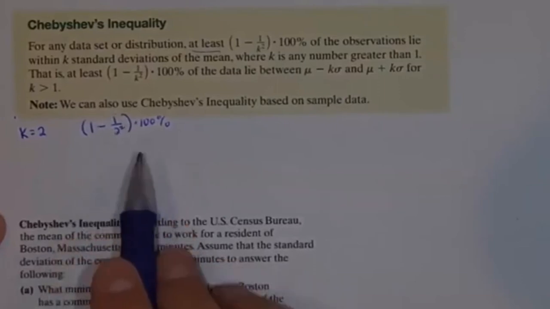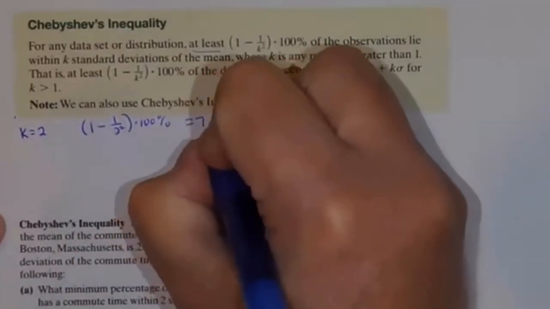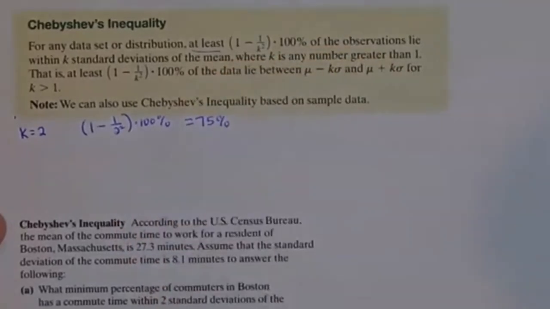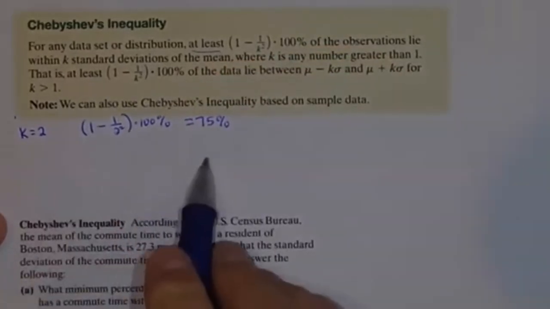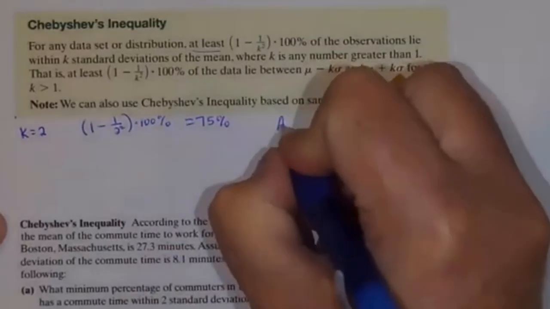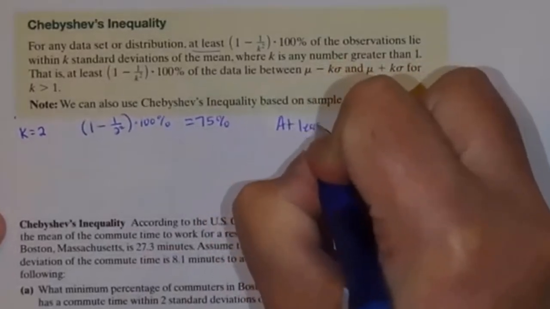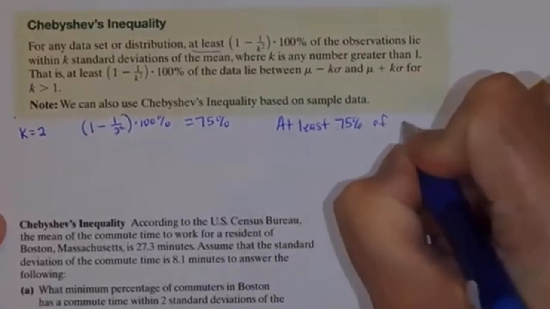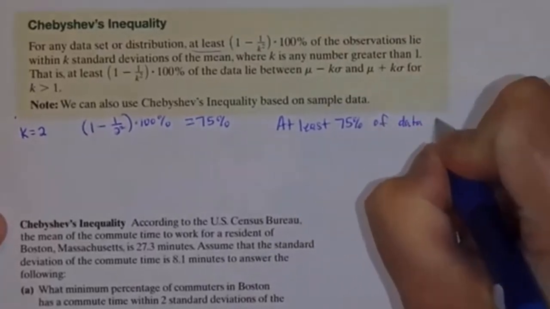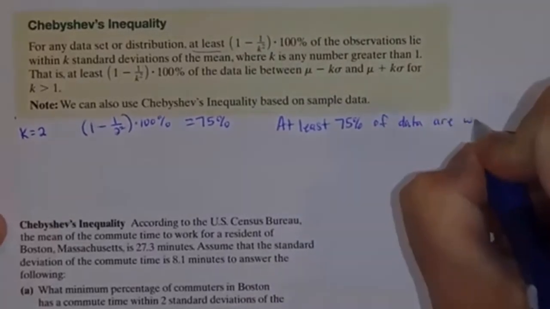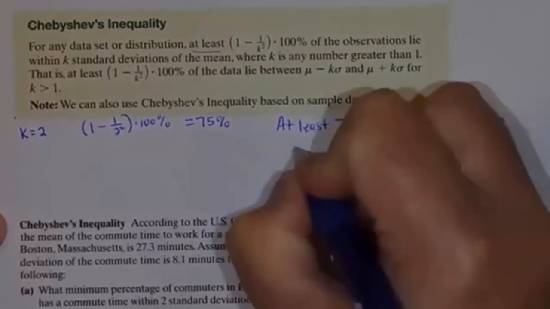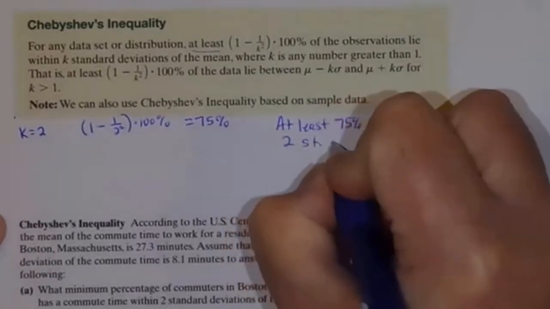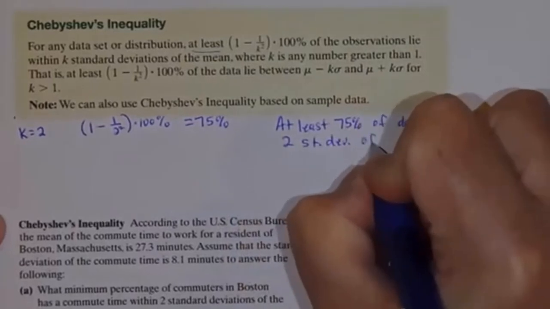And 3/4 times 100 is 75%. Chebyshev's inequality says that at least 75% of the data are within 2 standard deviations of the mean.